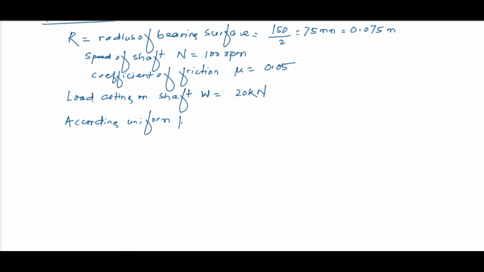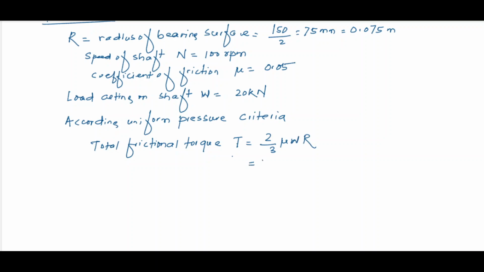According to the uniform pressure theory, the total frictional torque T is equal to 2 by 3 mu W R. So we can write this as 2 by 3 into 0.05 into W, which is 20 into 10 to the power 3, and R is 0.075.